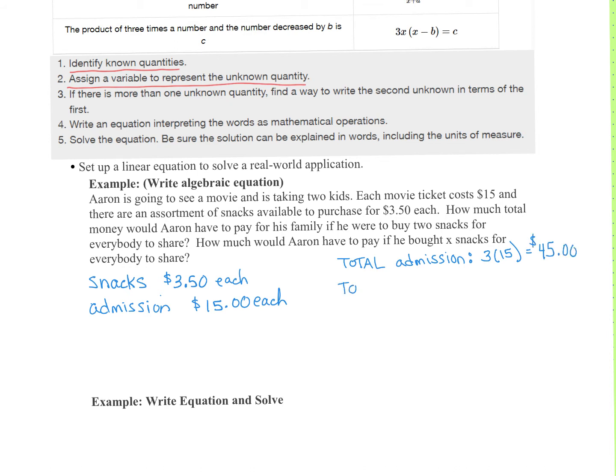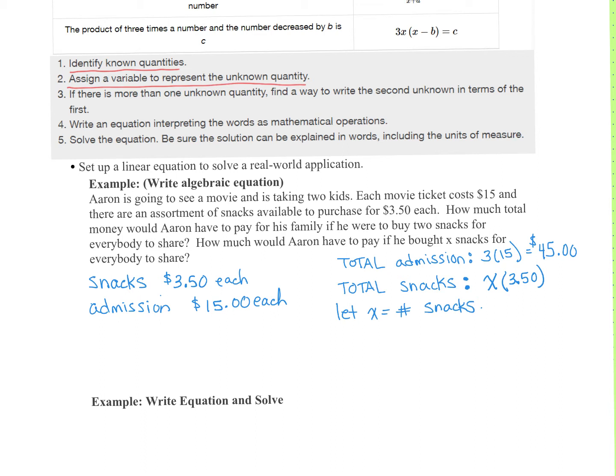His total snacks is going to be however many snacks he has times $3.50. So here we're going to let X be the number of snacks.